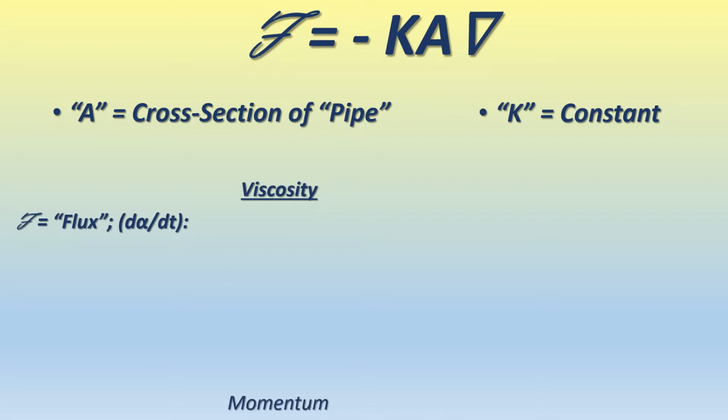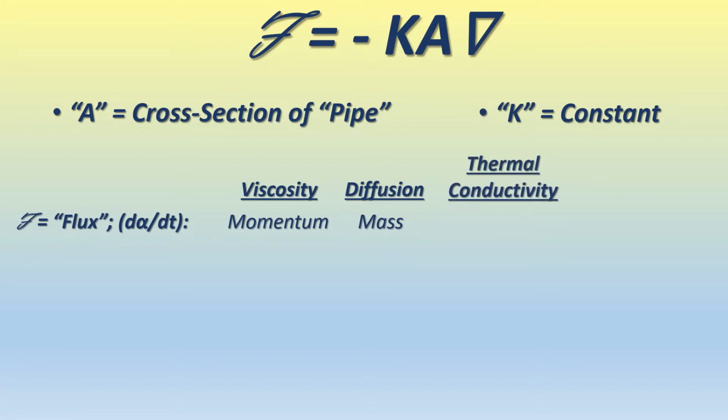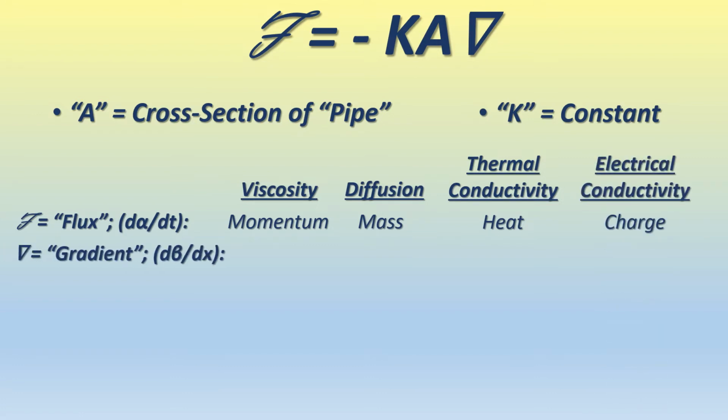F is what's known as a flux, the flow of some property through time. For viscosity, that property is momentum. Diffusion is the flow of mass through time. Thermal conductivity is the flow of heat through time. And electrical conductivity is the flow of charge through time. The del is a gradient: how some property beta, which determines alpha, changes over distance.